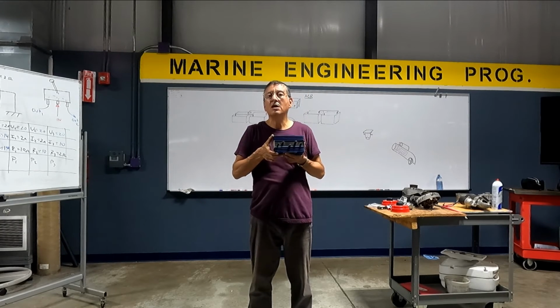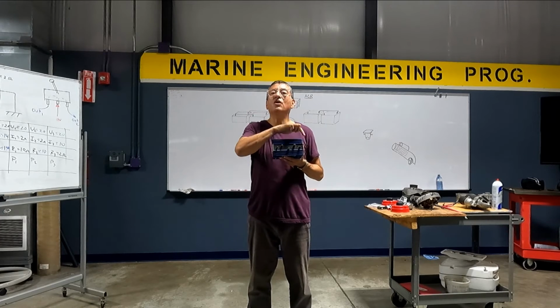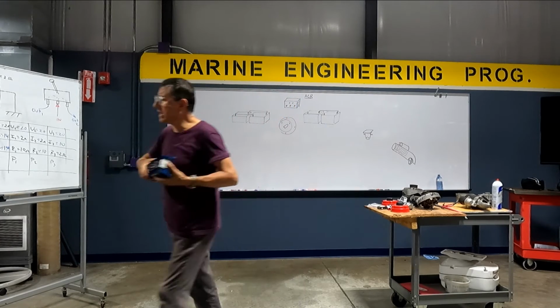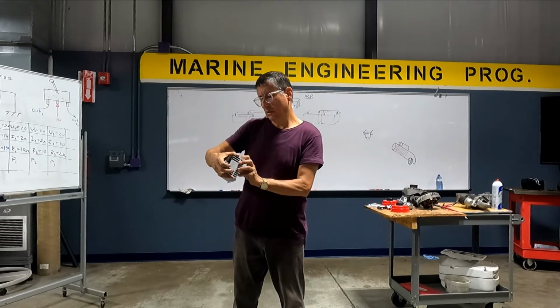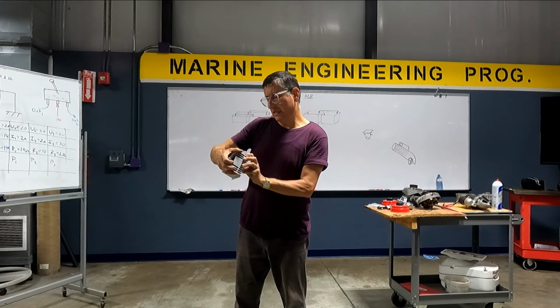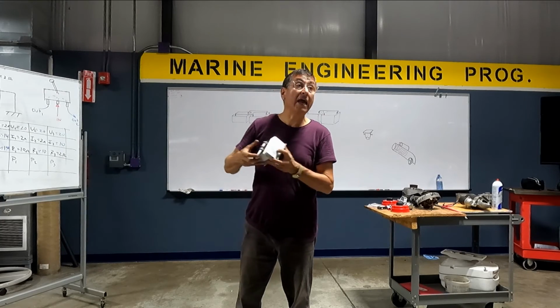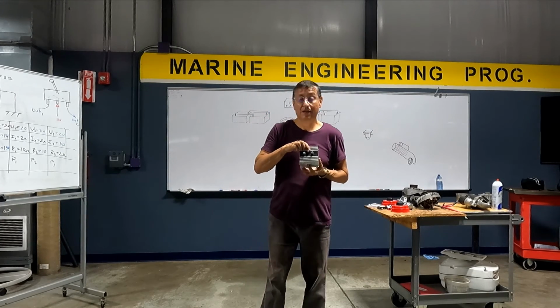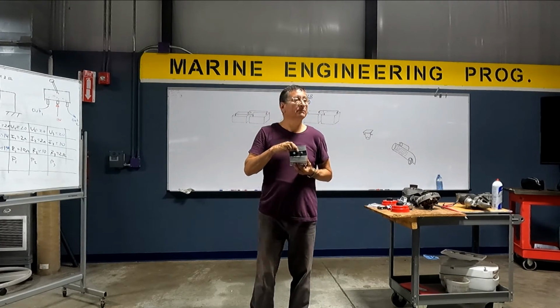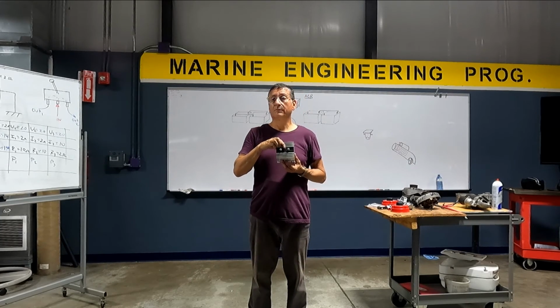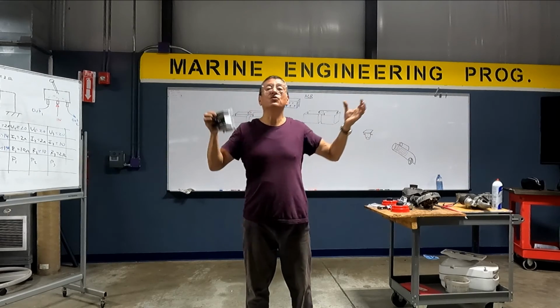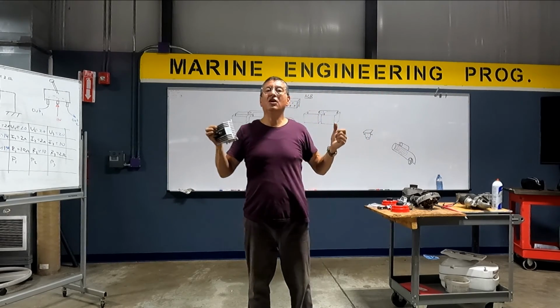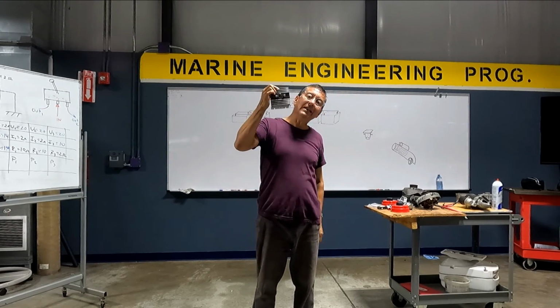This one supports a maximum input of 70 amps. This one supports a maximum of 90 amps. Good capacity. Depending on the capacities of your alternators and the capacity of your battery chargers, you need to select the A.C.R.